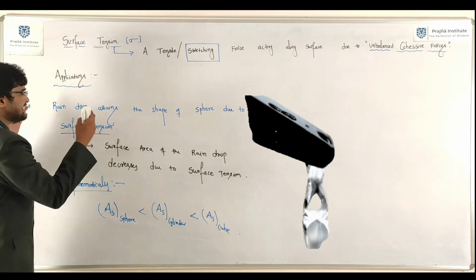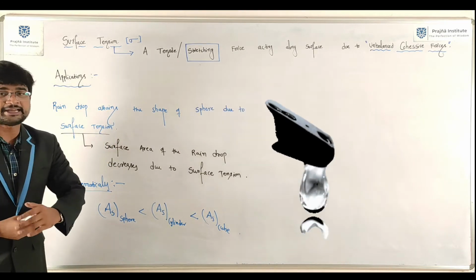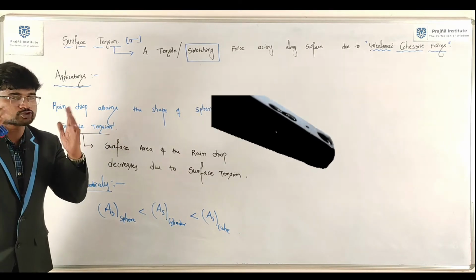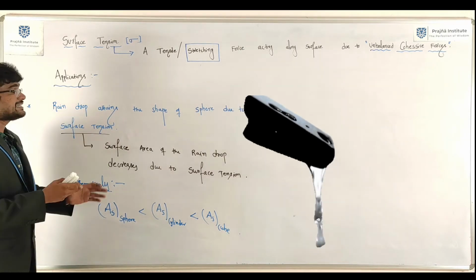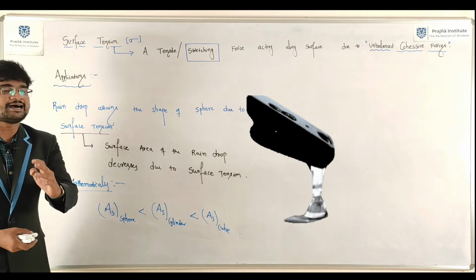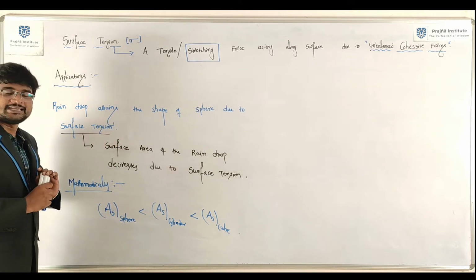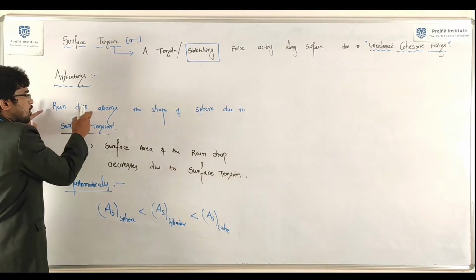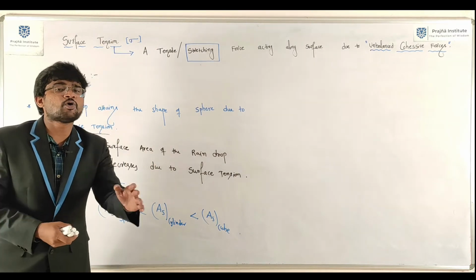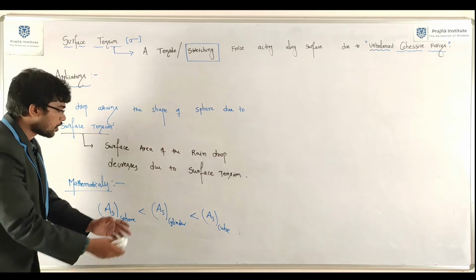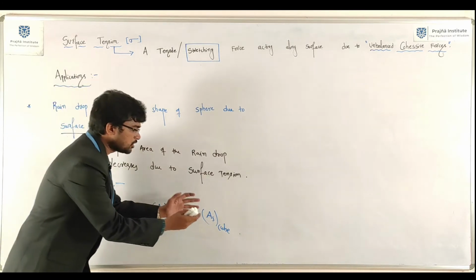We already studied this part in intermediate. Just a recall of those two points. Here, a raindrop attains the shape of a sphere due to surface tension. In general, raindrops are in a spherical shape. Why only spherical? Why not cylindrical? Why not cubical?